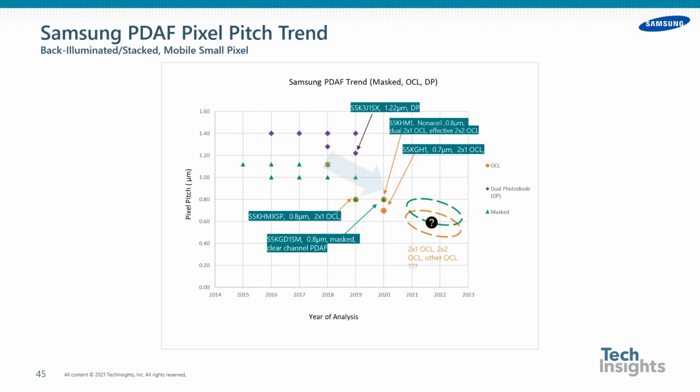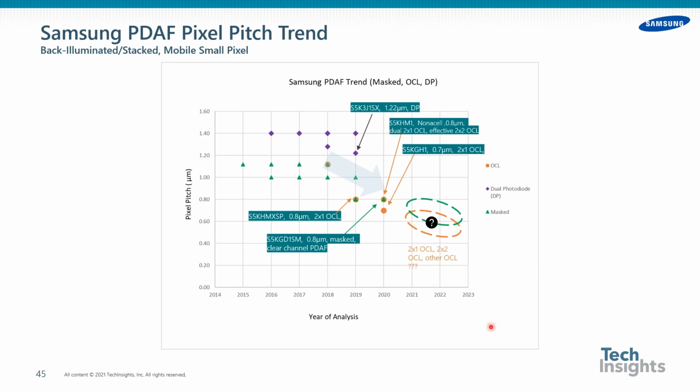For Samsung, the PDAF trend is shown here. For 0.8 micron pixel pitch, we see that Samsung uses both 2x2 on-chip lens technology and the HM1 nanocell, as well as mass PDAF in the GD1.